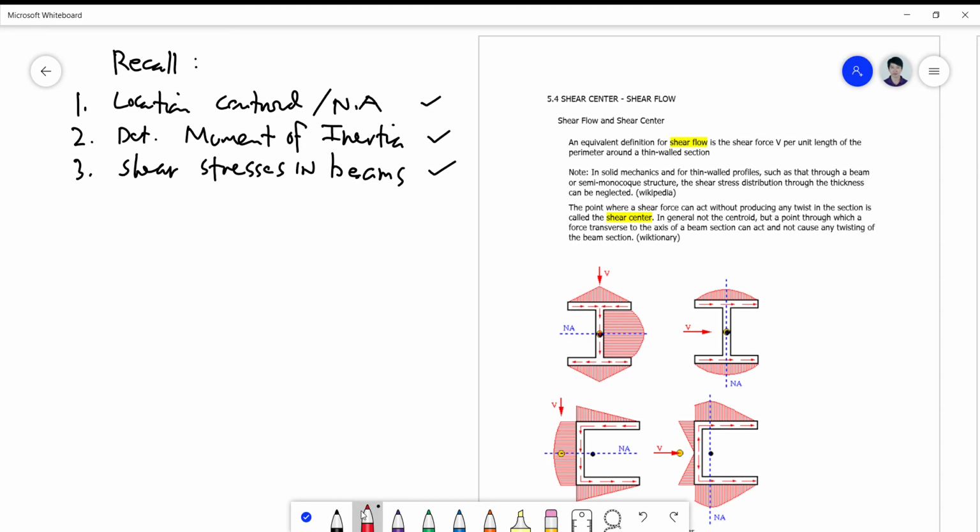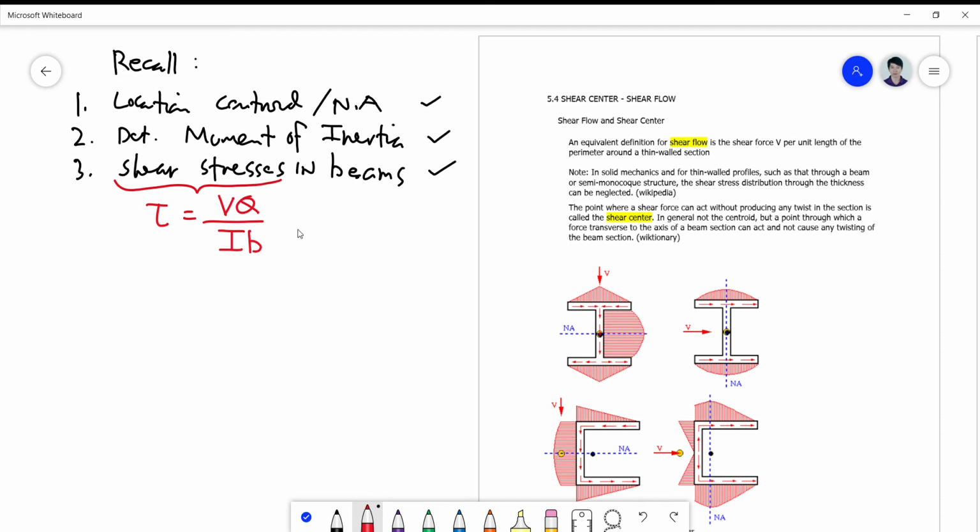Perhaps I'd like you to take note that the shear stress, which is given by tau is equal to VQ over IB, is the reference formula we will be using for plate elements.